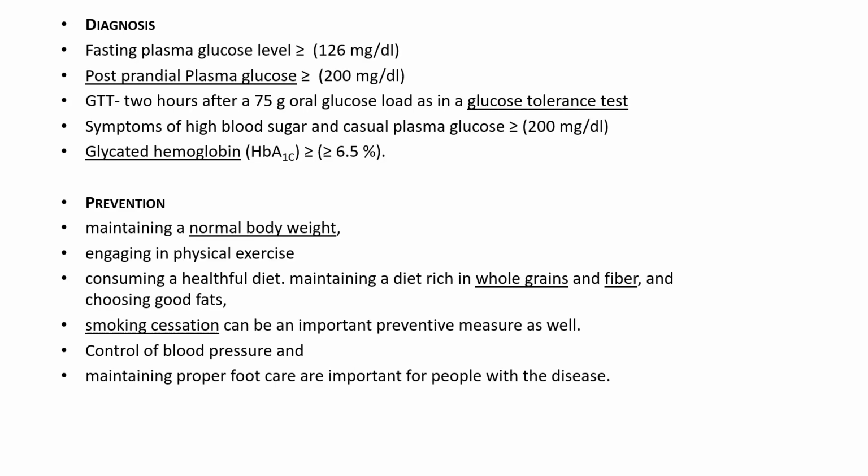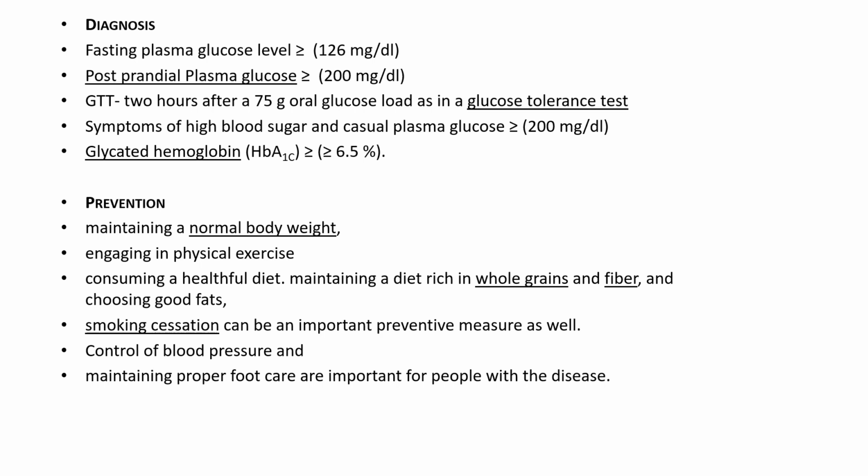For diagnosis of diabetes mellitus, the following investigations can be done. So first, fasting plasma glucose level, that is without taking anything, we can take blood and urine, and if the blood level is more than 126 milligram per deciliter for glucose, then postprandial, that is after a meal, the plasma glucose level, if it is more than 200 milligram percent, or GTT, that is glucose tolerance test.